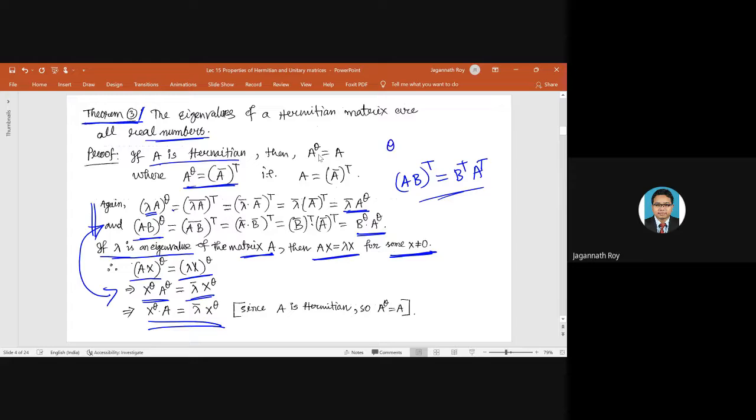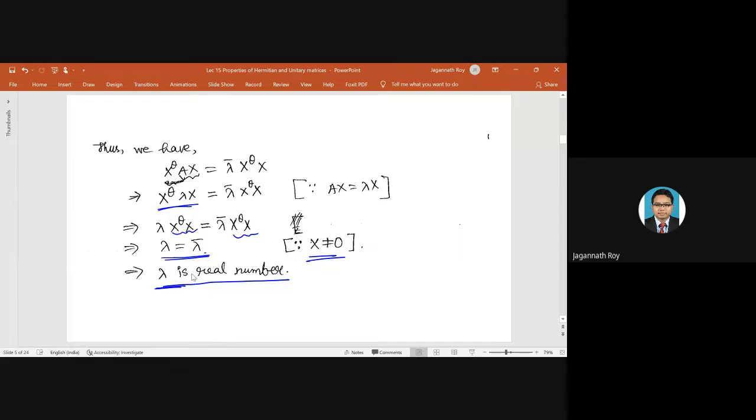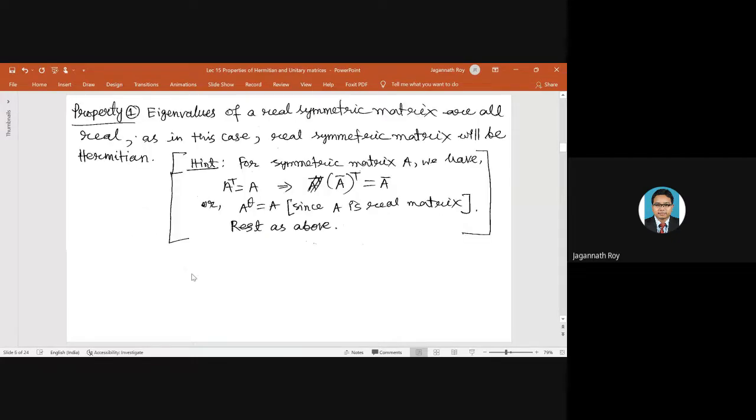So we have assumed A as the Hermitian matrix, and we can see that if lambda is an eigenvalue, then it has to be a real number. Although the matrix is a complex matrix, its eigenvalue can be a real number. You can call it a parallel theorem. Since we have seen the eigenvalues of a Hermitian matrix are real, you can now reduce this theorem to the real case.